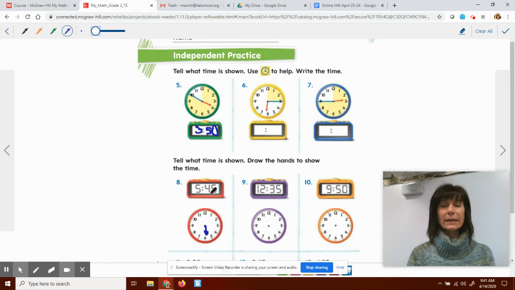And then I'm going to identify my minute hand, my long hand, at 45 minutes. Well, at the 3, there's 15 minutes, 30 minutes. That's right. For 5:45, 45 minutes is when the minute hand is on the 9. I'm going to let you do 9 and 10.